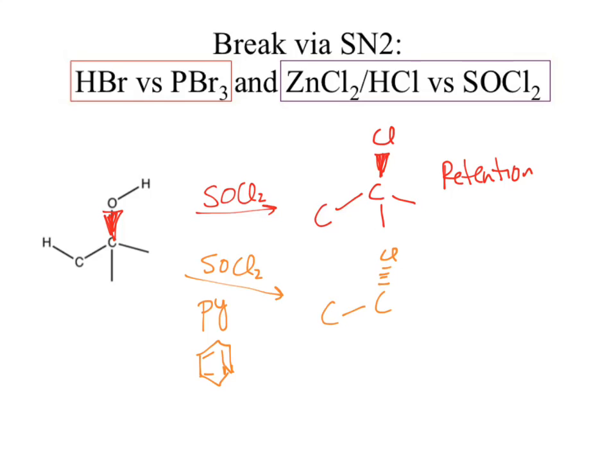Okay? So those secondary features in a reaction can have a huge impact in your overall results. So be aware of that, particularly when you're looking at SOCl2. Okay? You can see both retention and inversion depending on your circumstances. Okay? Questions about that?